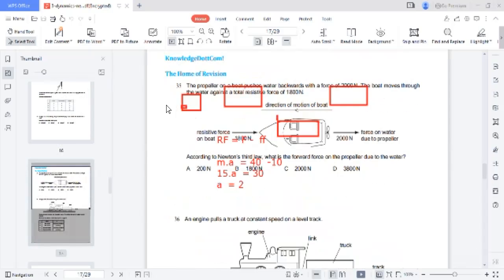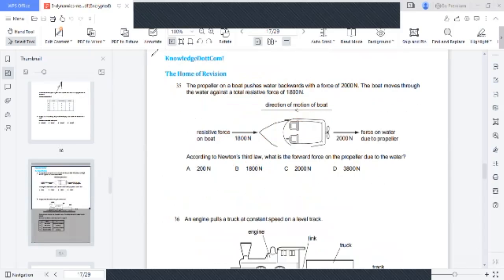Okay, now let's move to number 35. The propeller on a boat pushes water backward with a force of 2000 Newton. It's a propeller which pushes the water in backward direction and the force applied is 2000 Newton.